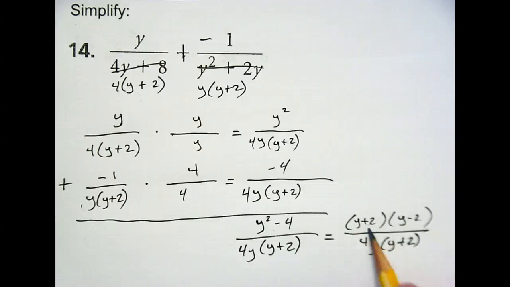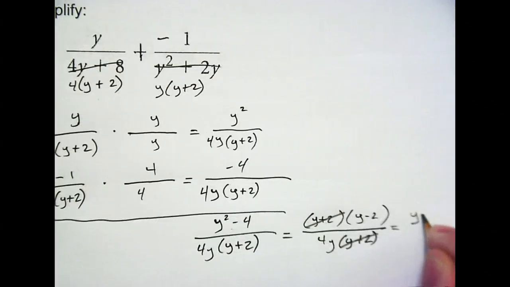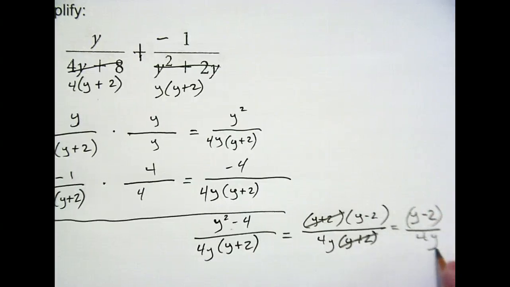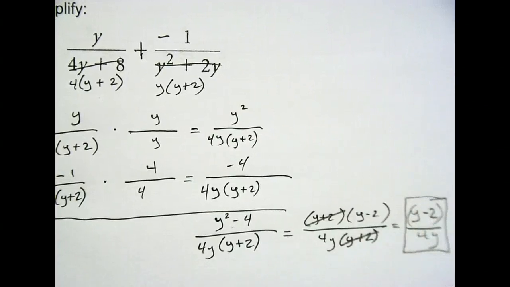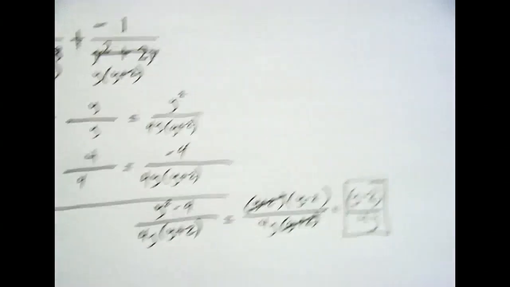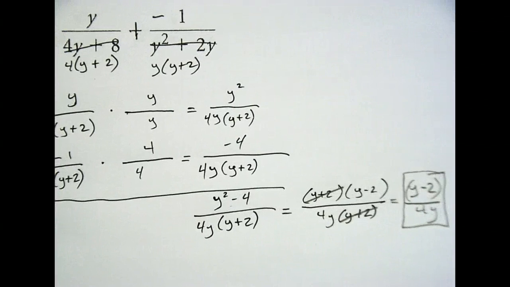Y plus 2. The hole is at y equals negative 2. So y minus 2 over 4y. Can we cancel the y's? No, sir. No. All right. Questions?